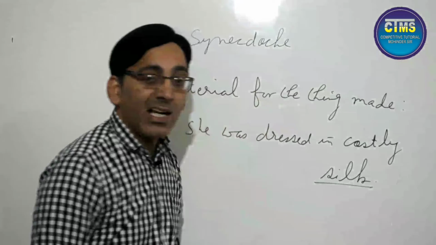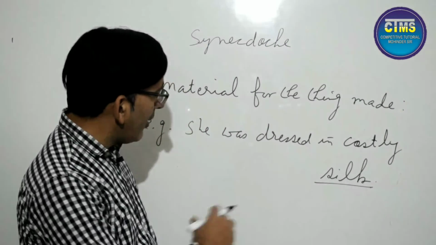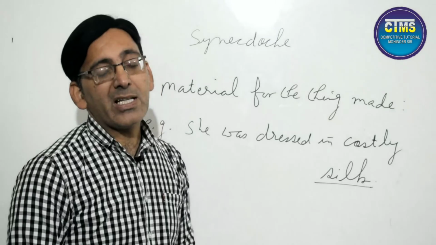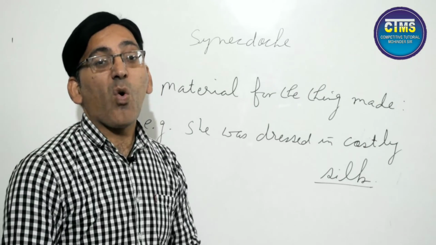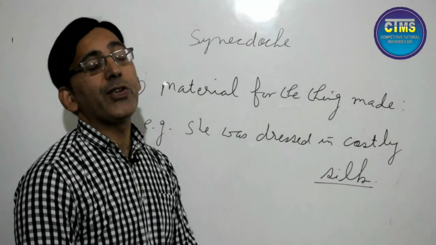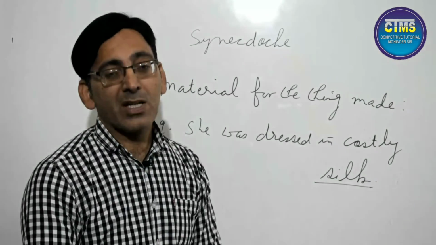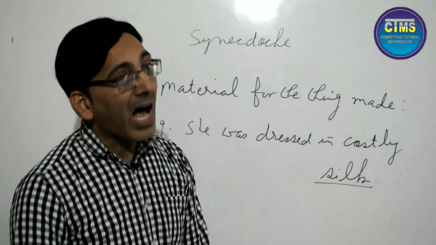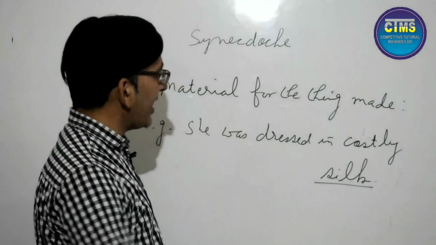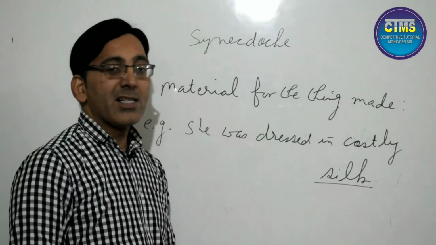Synecdoche is in silk. What is the meaning of this sentence? We want to say that she was dressed in costly silk clothes. But instead of using silk clothes, instead of using garments, we are using the material silk. So that is another example of a Synecdoche.